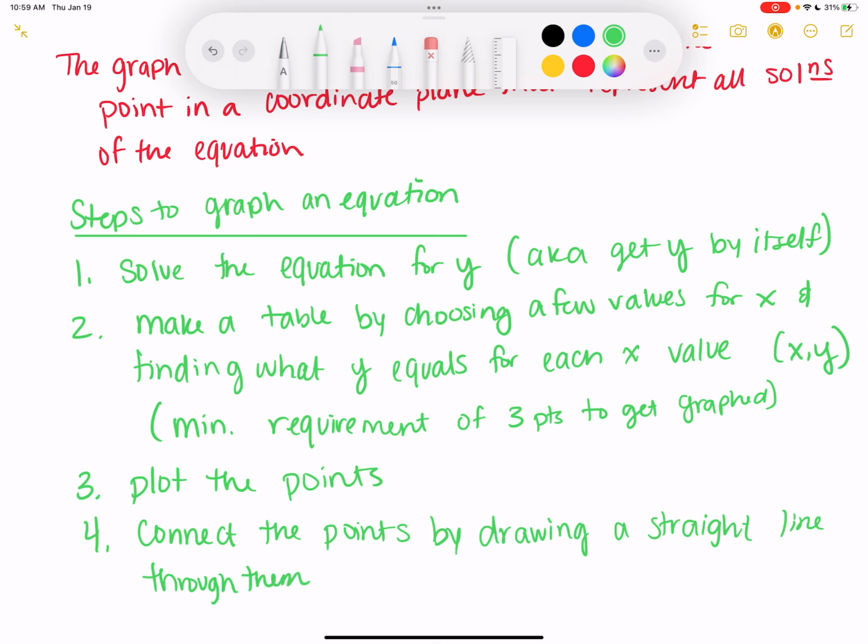I have plenty of rulers, so I'm not one that says you have to use a ruler to make it perfectly straight, but if you want to connect your dots to make it look nice, you can absolutely use one. I have plenty up here. If your points don't make a straight line, that's your clue that something's wrong.